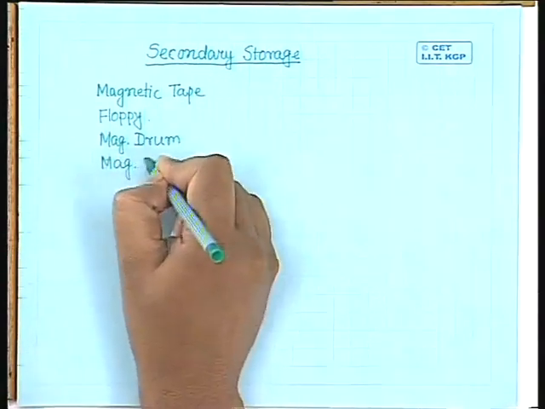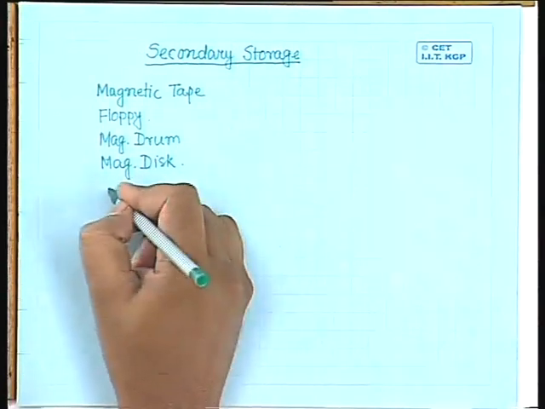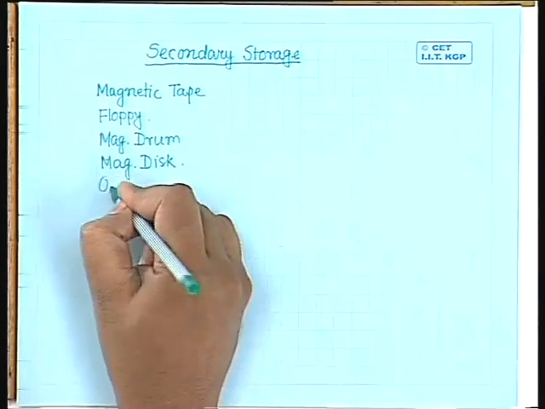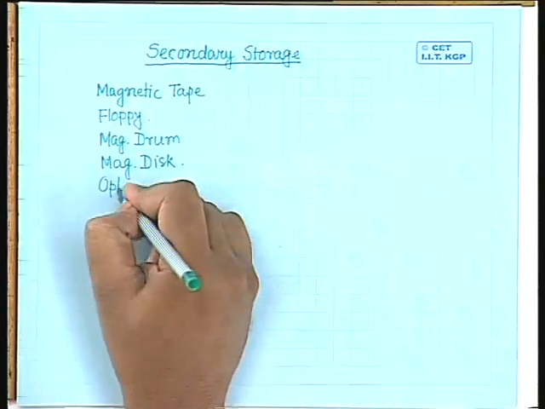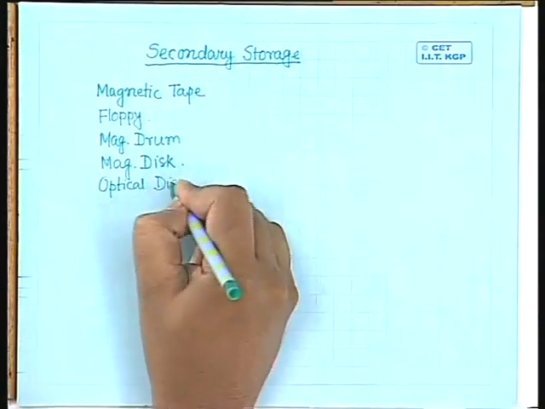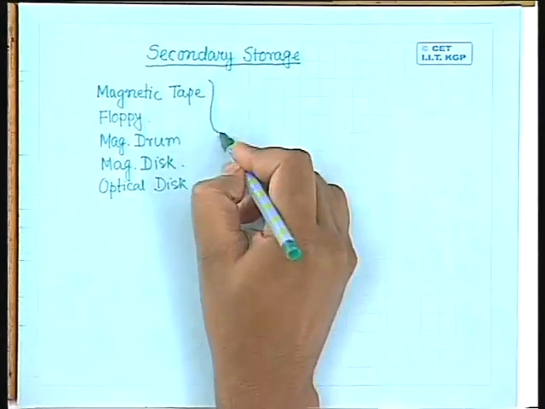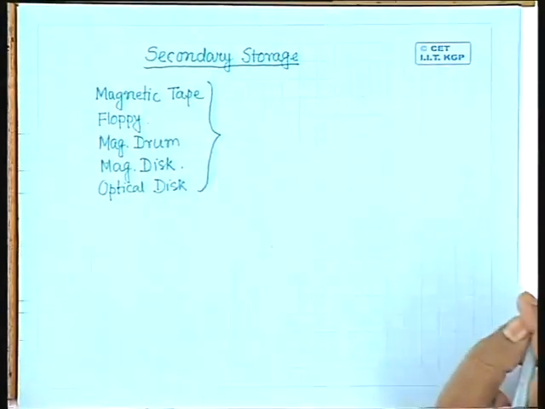The hard disk that we use is nothing but a magnetic disk. And we also have optical disk or compact disk. So you can have these various kinds of secondary storage devices.